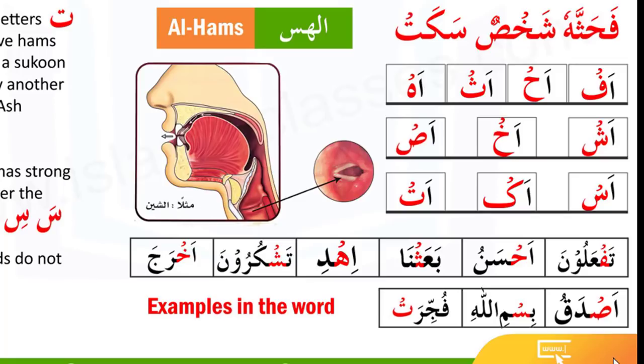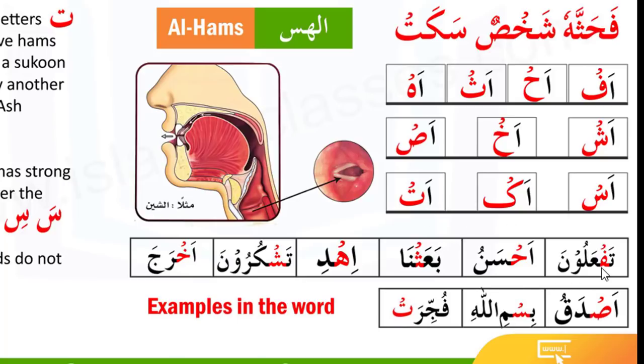Listen again, we say ak, ak, this k is hams, at, at. So this t sound must be in the letter to add al-hams quality. If we do not add this sound, it means you are not pronouncing the perfect sound of these letters, like kaf and ta especially.